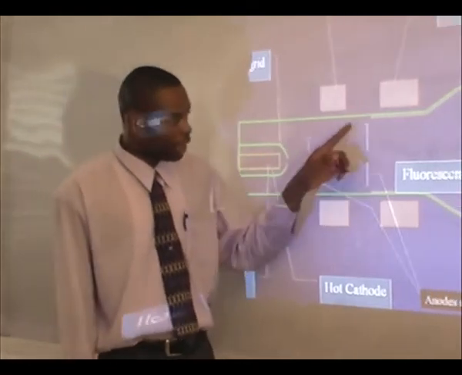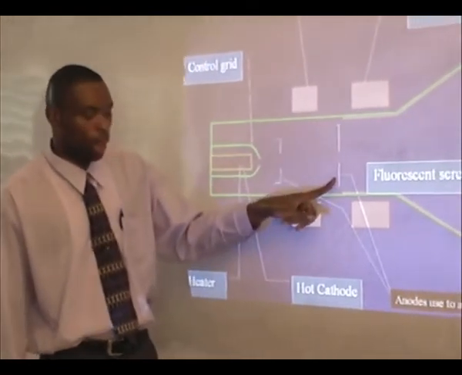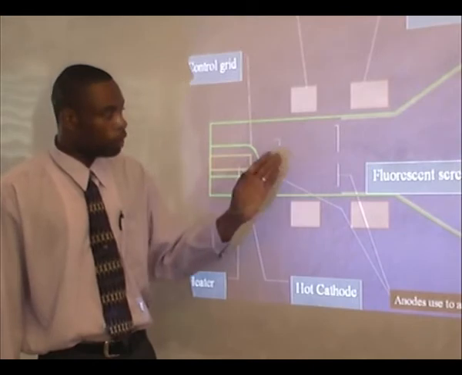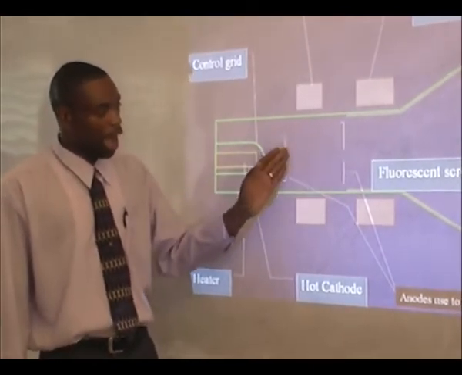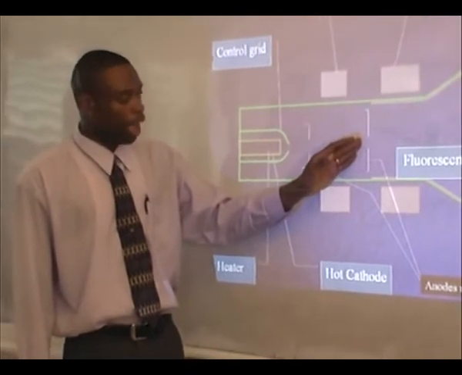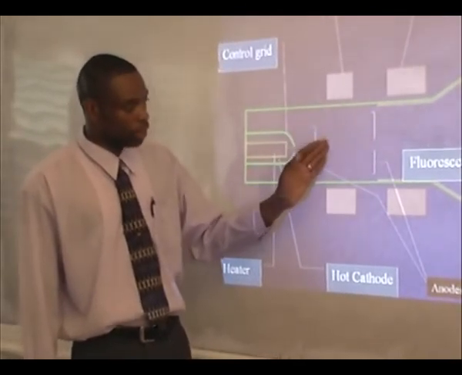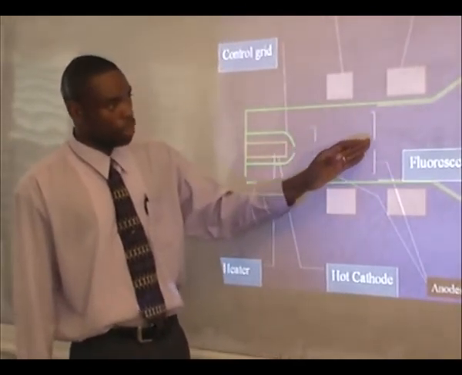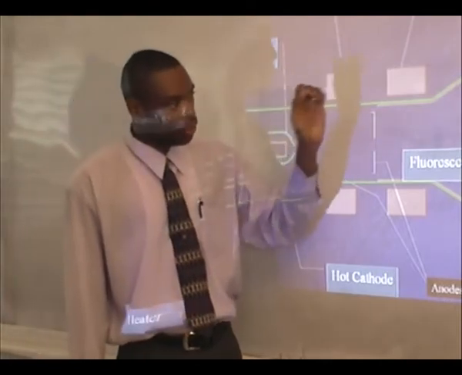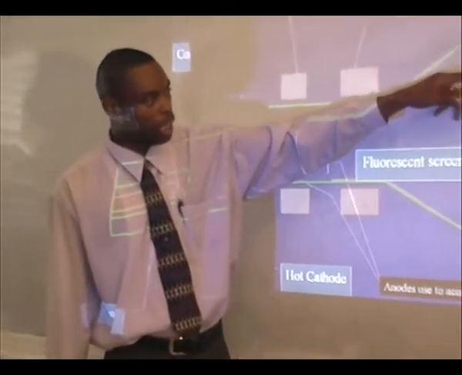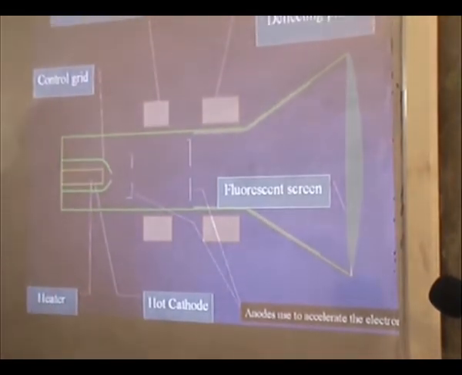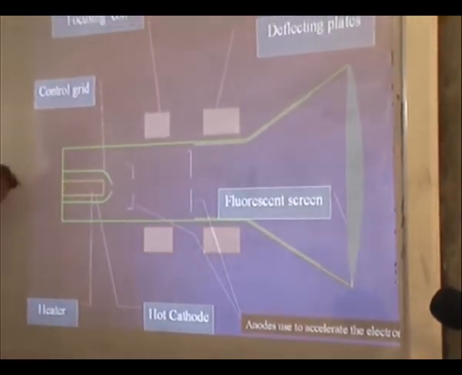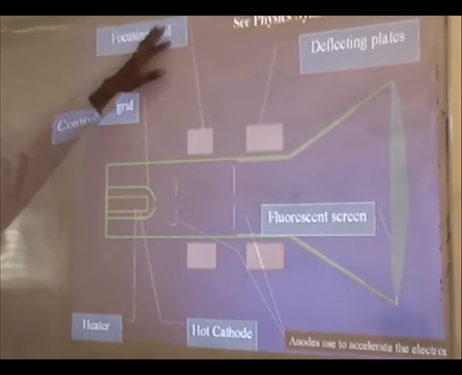Again, we have a second pair of anodes, which further accelerates the electrons to a very high speed. And once the electrons are accelerated to a very high speed, they will strike the graphite coating on the screen and cause a scintillation.